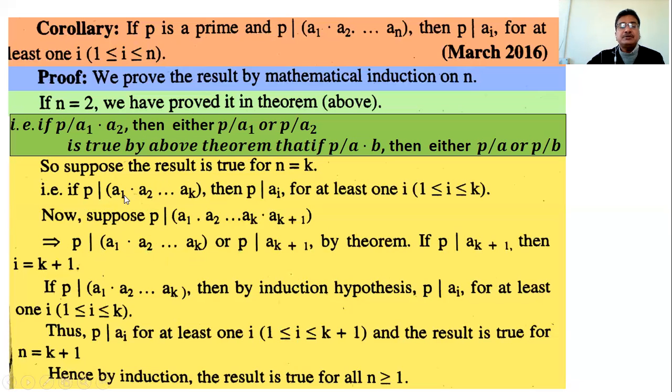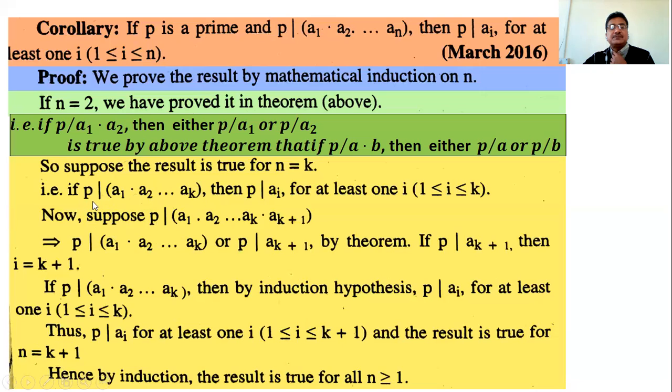Then by the induction hypothesis, p divides ai for at least one i running from 1 to k. Combining these two statements, p divides ai for at least one i running from 1 to k plus 1. That is, the result is true for k plus 1.